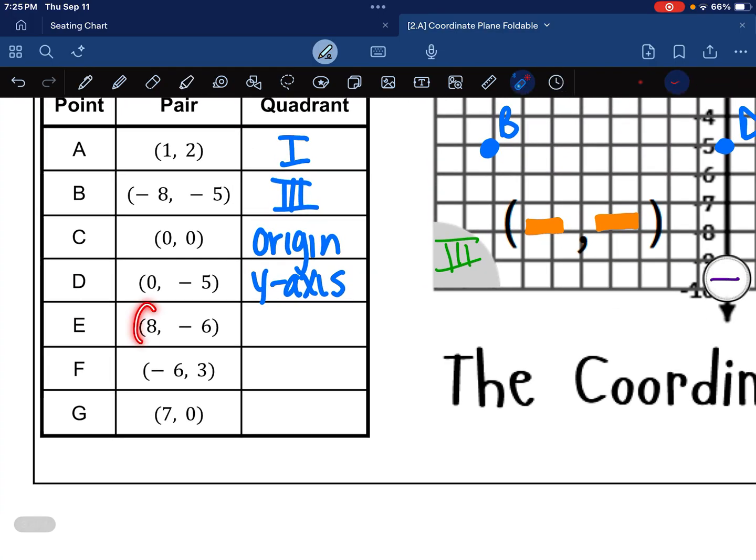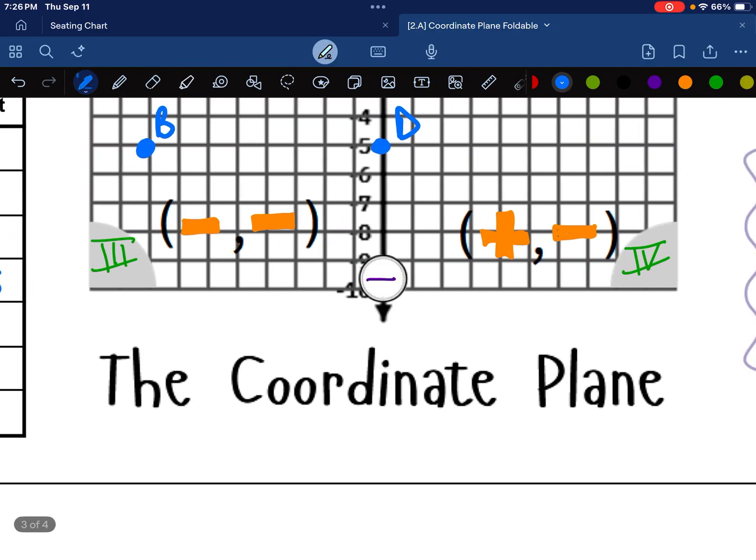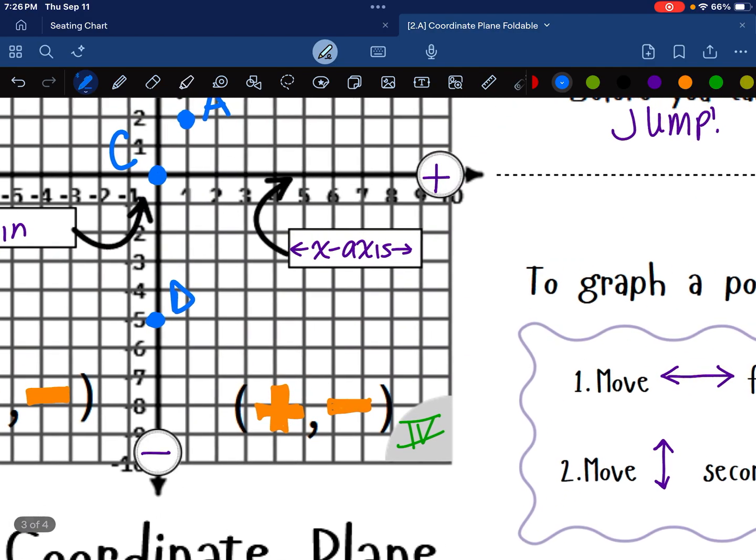All right, point E has a +8, so that would be to the right 8, and a -6, which would be down. So the quadrant that's to the right and down is quadrant 4. And again, that was 8, -6.